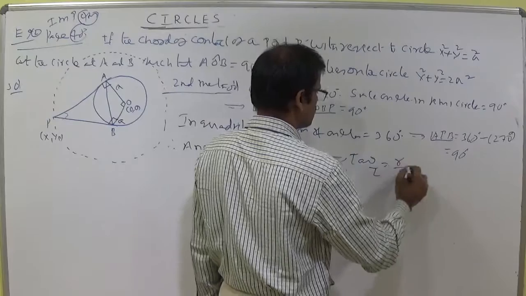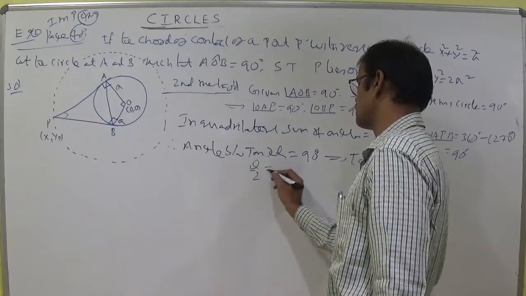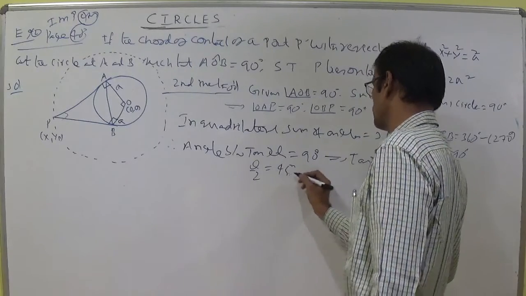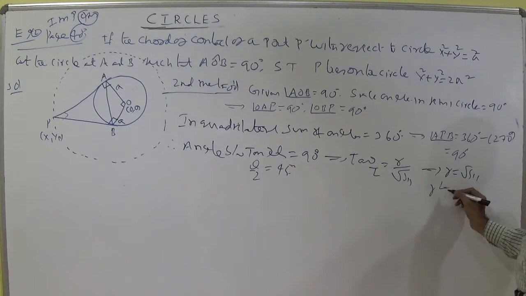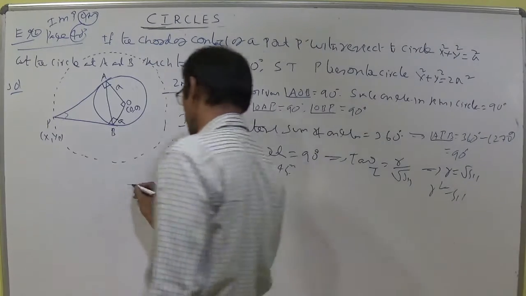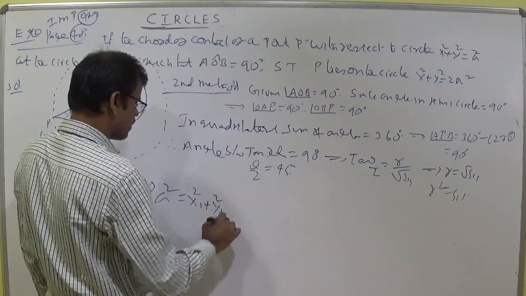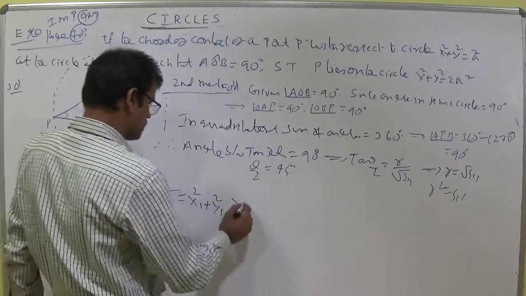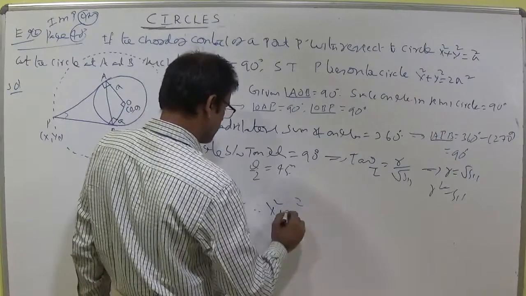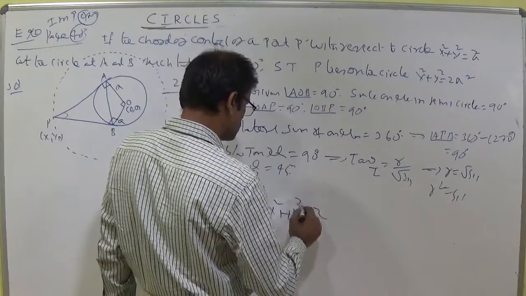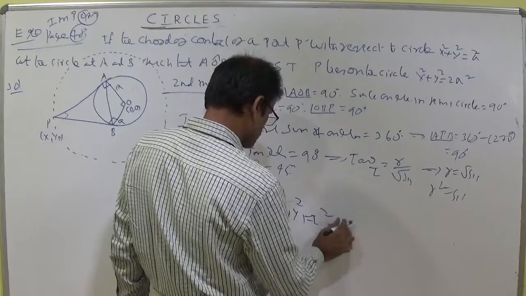Using the formula, for the angle between tangents equal to 90 degrees, tan(θ/2) = r/√s11. Here θ/2 is equal to 45, so tan 45 = 1 and r = √s11. Squaring both sides, r² = s11. What is r² here? a² is equal to s11 for this circle, x² + y² − a². Therefore, x1² + y1² = 2a².